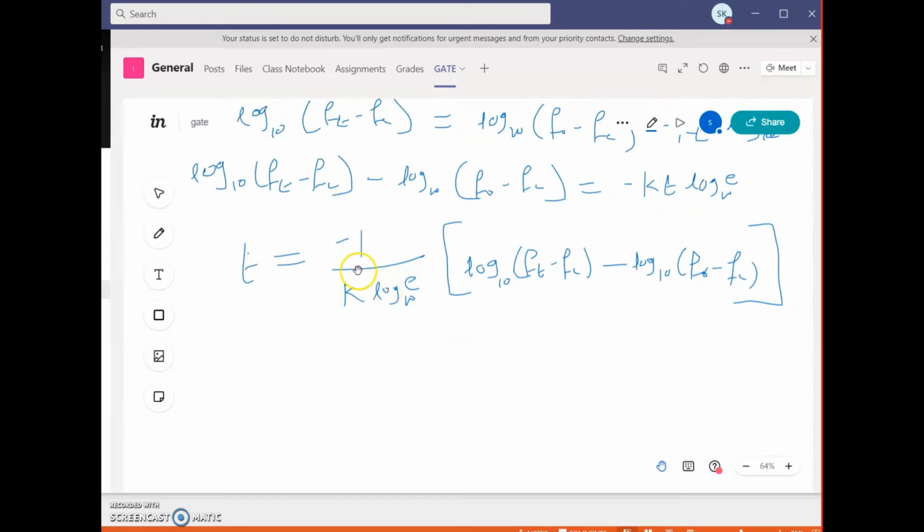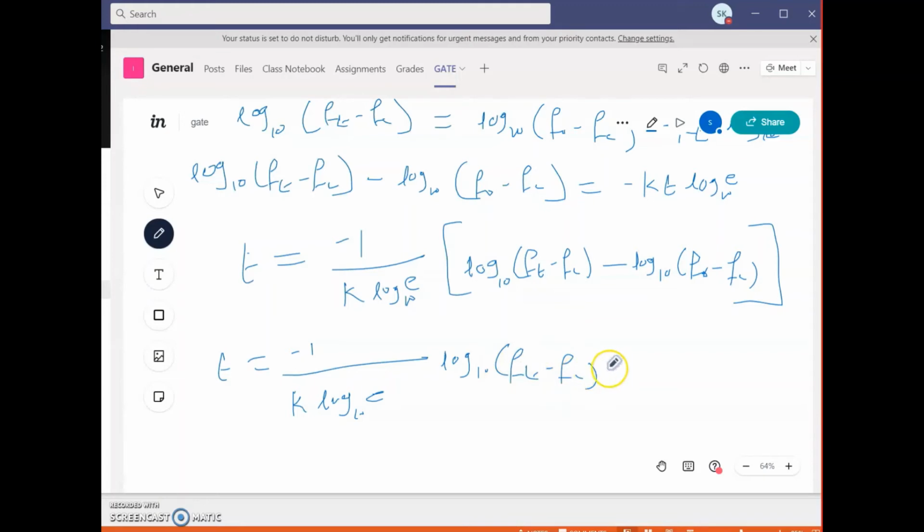So if we just multiply this particular value inside this particular square bracket, then what would be the final answer? t is equal to this: minus 1 by k log to the base 10 e into log 10 of Ft minus Fc.